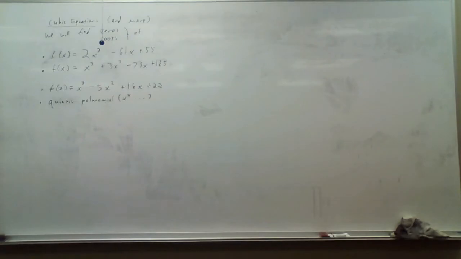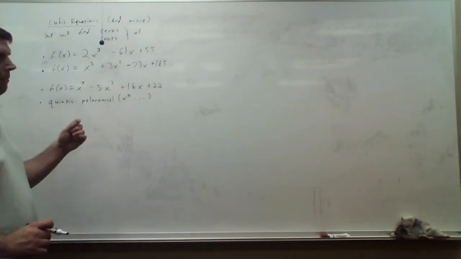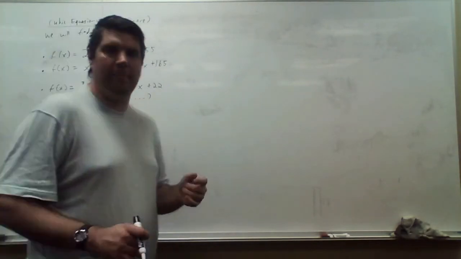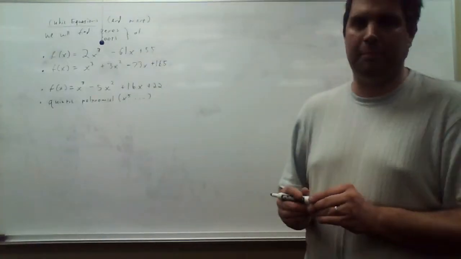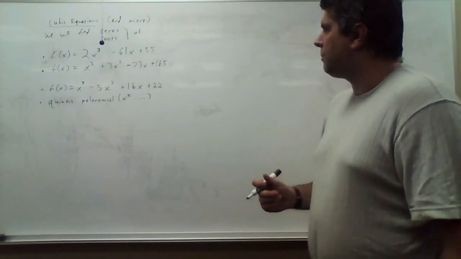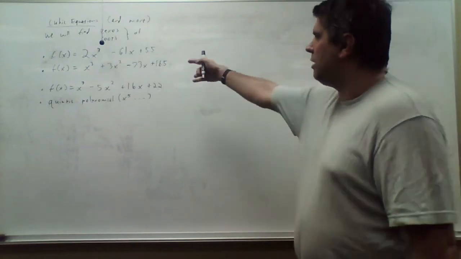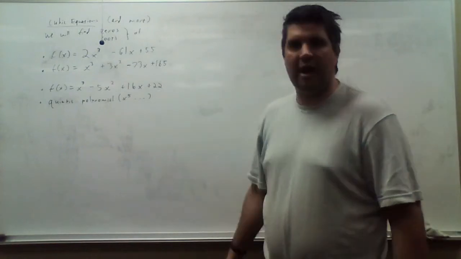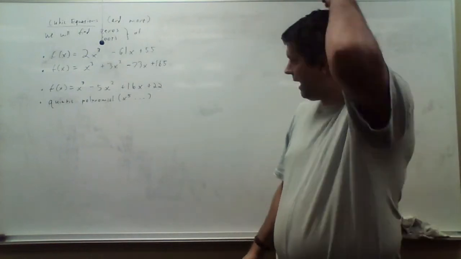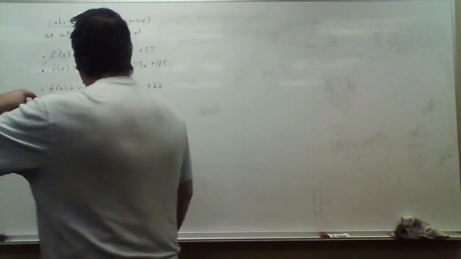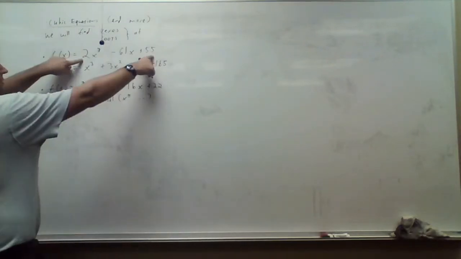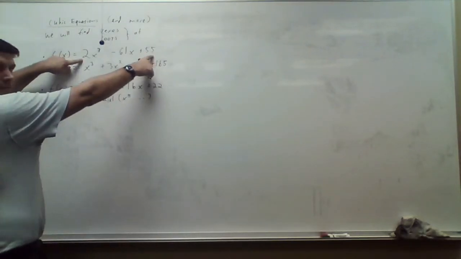So, you've probably solved cubic equations by something called factoring by grouping. The cubic polynomials I'm showing here on the board are not factorable by grouping. Okay? To factor by grouping, you need 4 terms. This one only has 3.